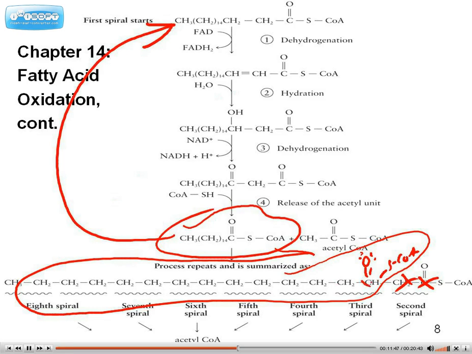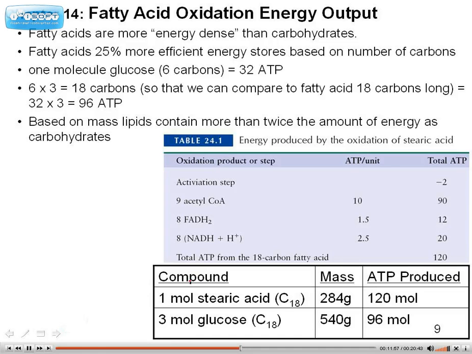And it's going to keep going down the spiral till there's nothing left but a leftover acetyl CoA. So the whole purpose of the fatty acid oxidation is to create all the acetyl CoA that we ever want.